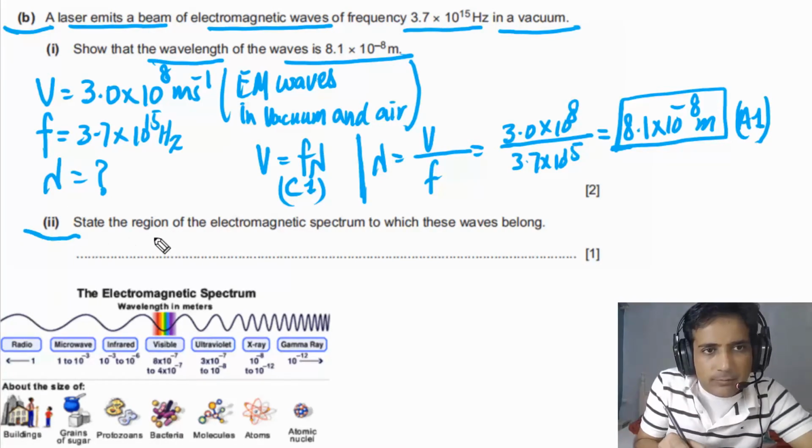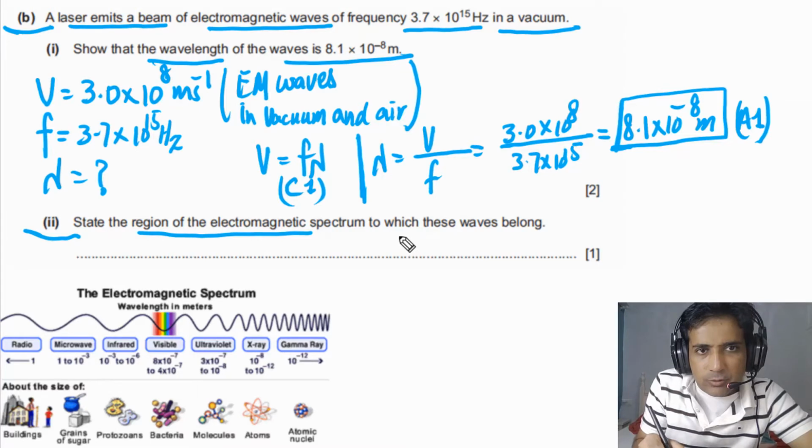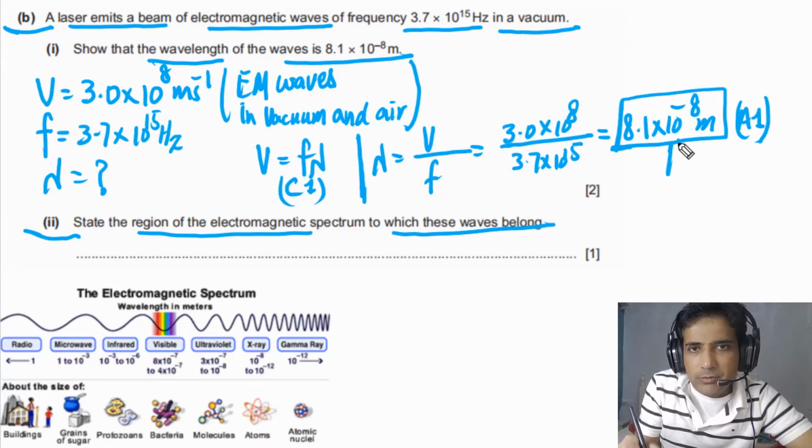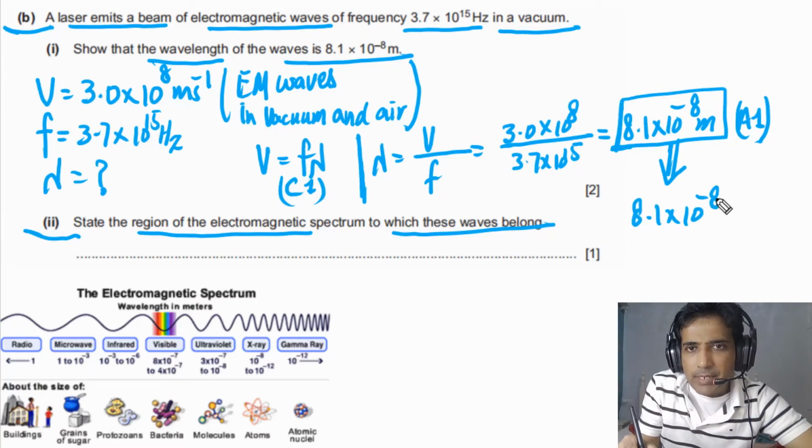For the second part, we need to state the region of the electromagnetic spectrum to which these waves belong. First of all, let's try to write this in a simpler form. If we multiply this by 10 and we divide this by 10, there is no difference.